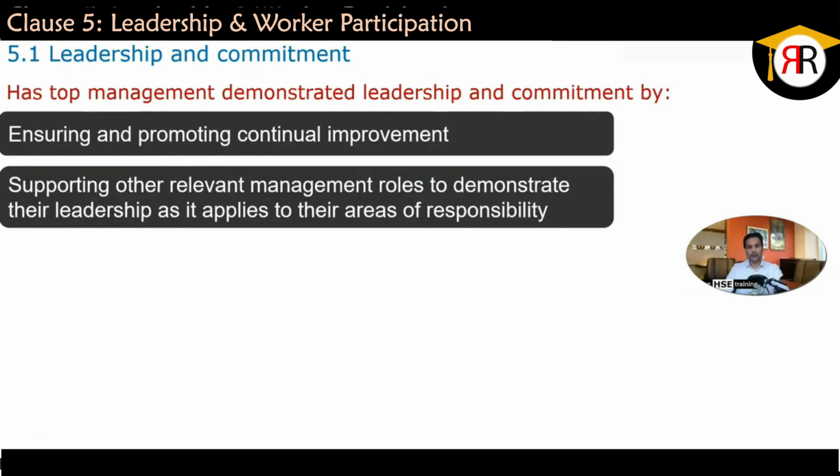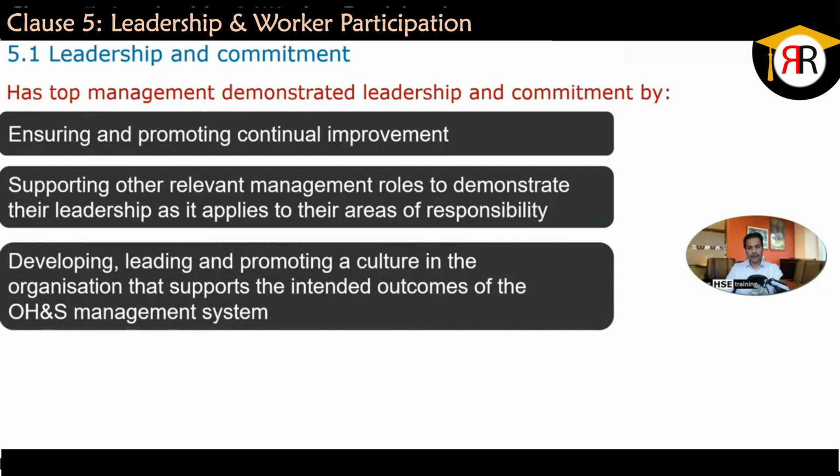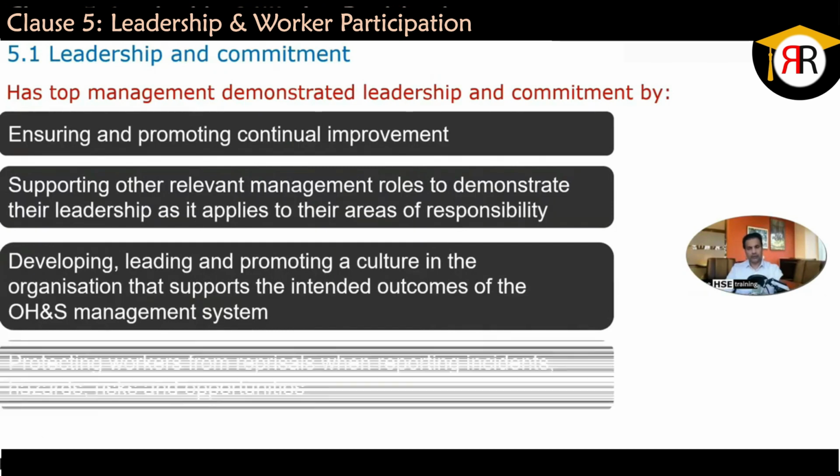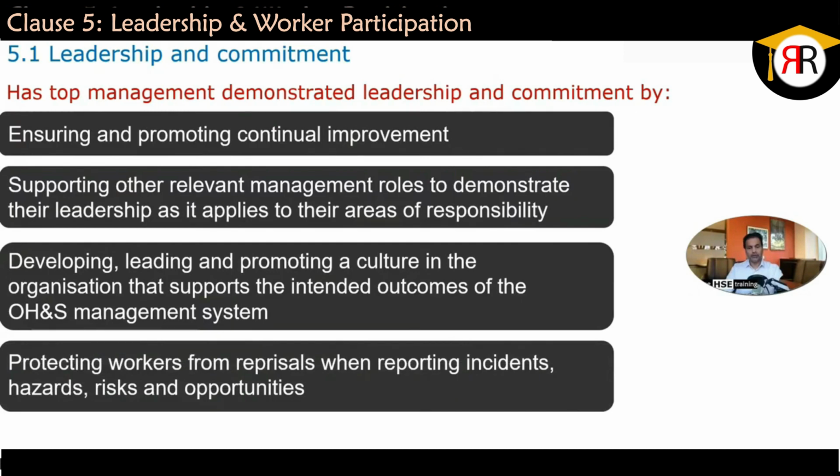And have they also demonstrated leadership and commitment by developing, leading and promoting a culture in the organization that supports the intended outcomes of the management system, and also protecting workers from reprisals when reporting incidents, hazards, risks and opportunities?